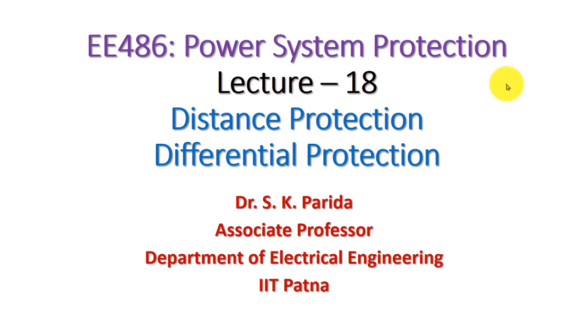There are many reasons we discussed, like how the transmission line parameters affect, how the error in the CT and PT measurement affects the underreach and overreach problem. So there are many aspects we discussed, and then we talked about the requirement of the three-step distance protection scheme.